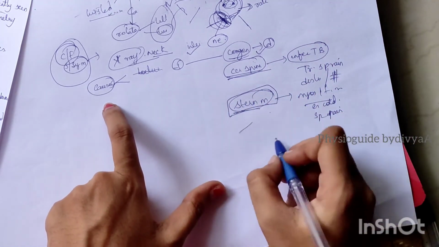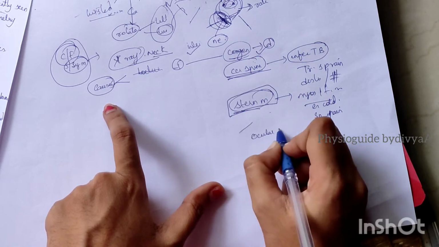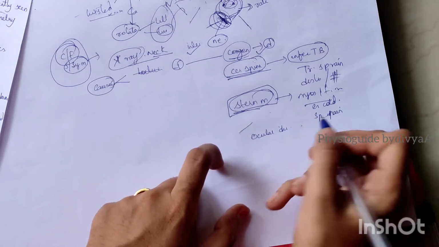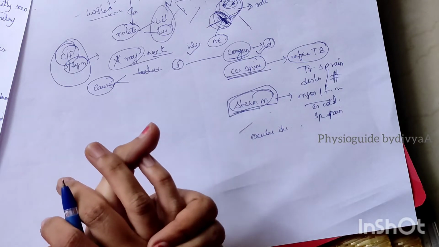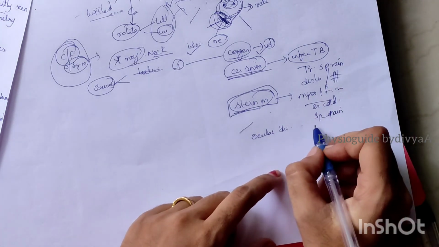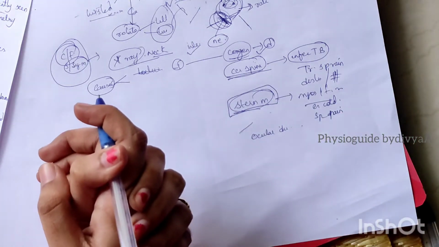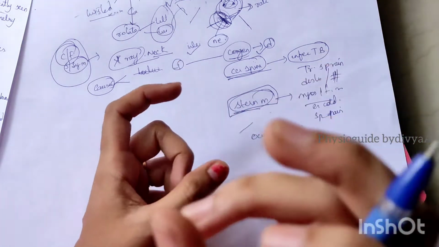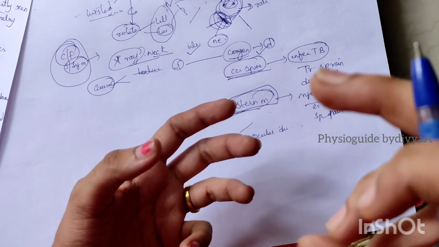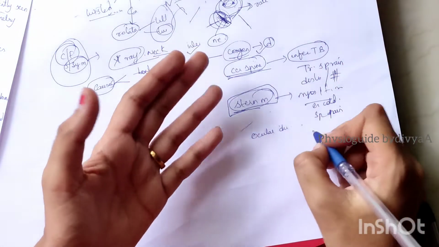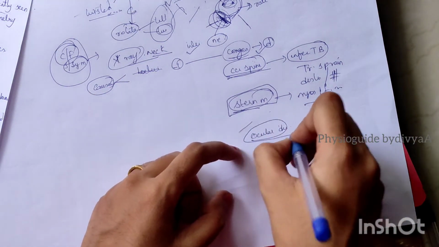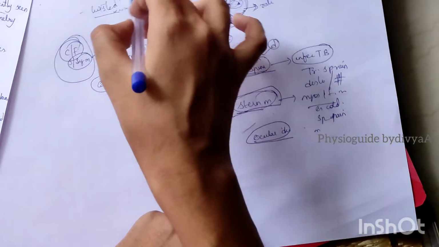These are the causes. And ocular disturbances in the eye: the child turns her head to one side to compensate for defective vision, and that becomes a habit. So this is also a point in torticollis.